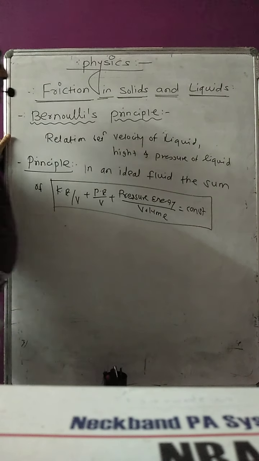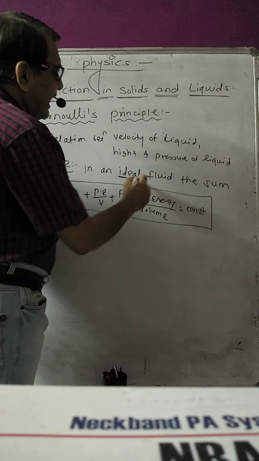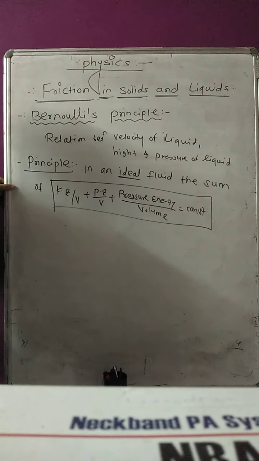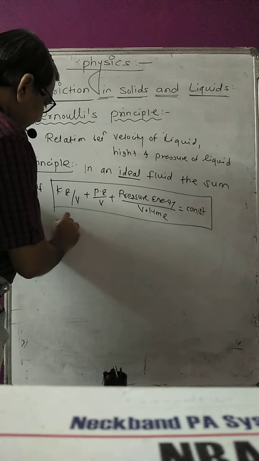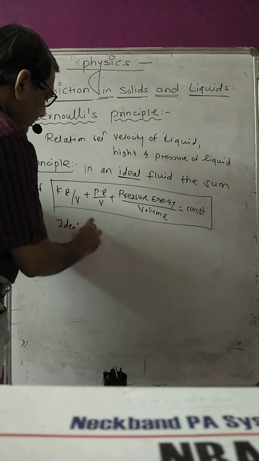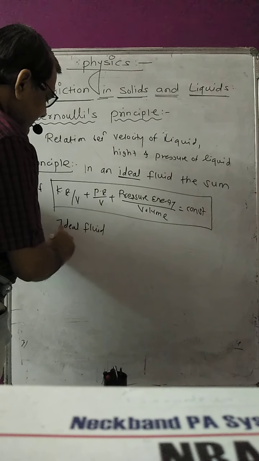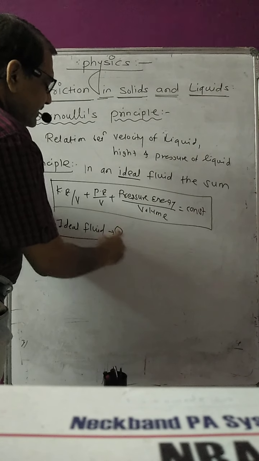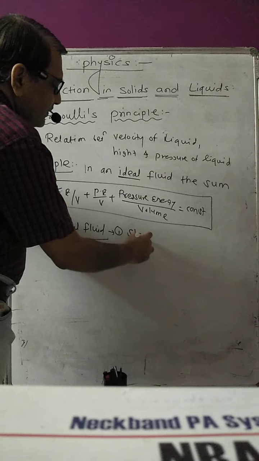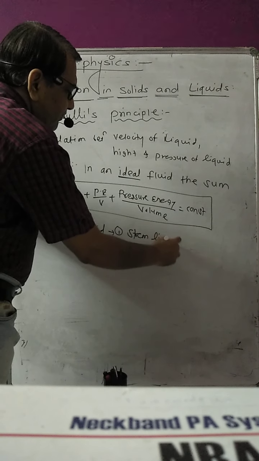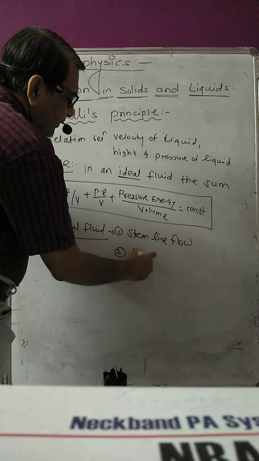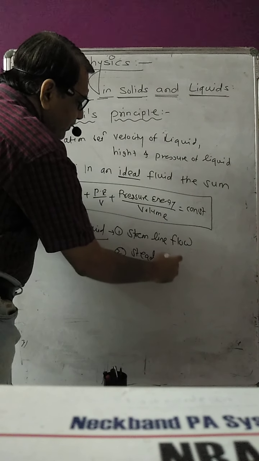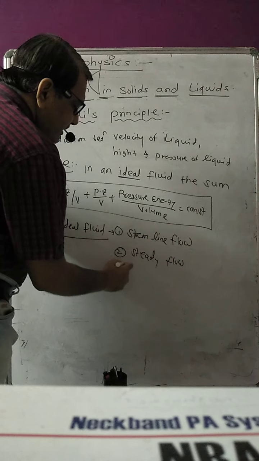Now the question is, sir, what do you mean by ideal fluid? The fluid or liquid which he has considered as ideal is, first, streamline flow. Second, steady flow. Steady means the velocity of the fluid remains constant.